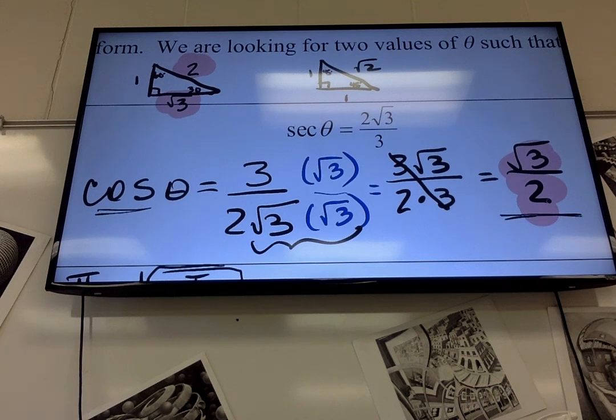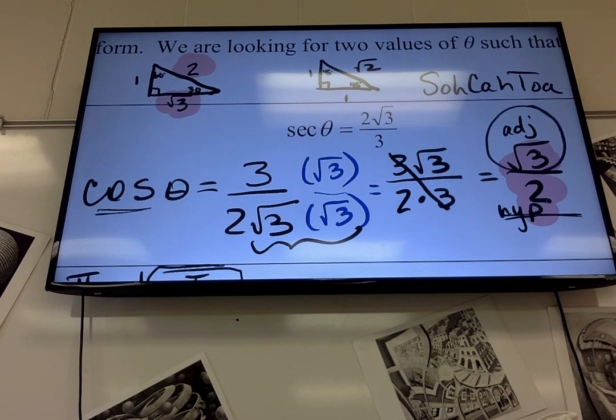And cosine, if we think back to SOHCAHTOA, cosine is what over what? Adjacent over hypotenuse. So I need the adjacent side to be the square root of 3. Would that be for the 60-degree angle or the 30-degree angle? Yeah, adjacent is the square root of 3.